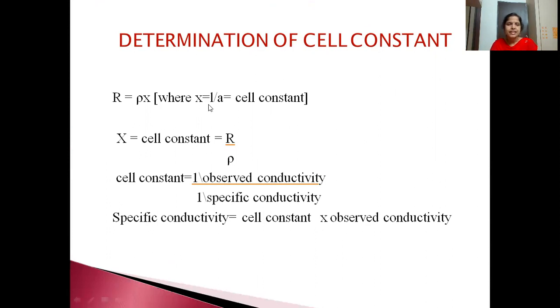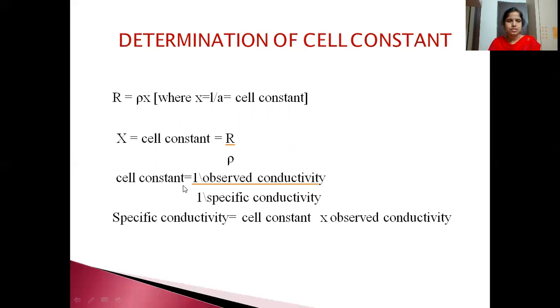When L by A is taken as X, X is the cell constant. So R equals rho into X, where X is the cell constant. So X will be equal to R by rho.